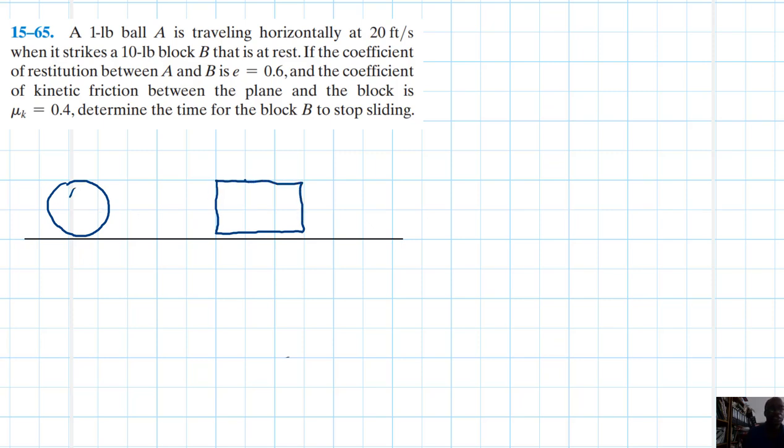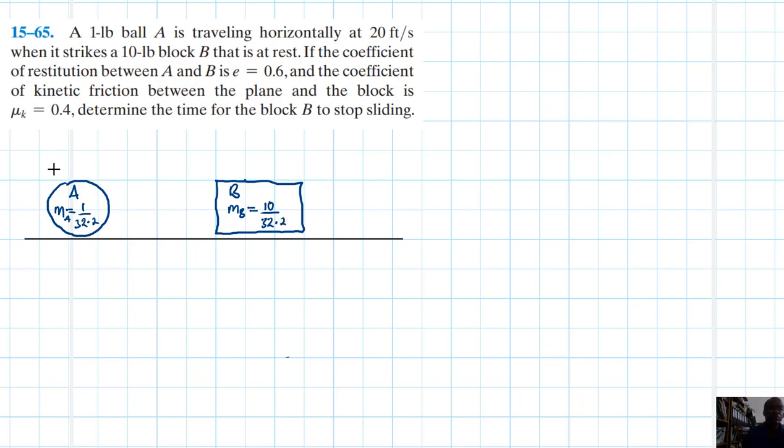This is A and this is B, and our mass of A is just 1 divided by 32.2, where 32.2 is the acceleration due to gravity. Then we have the mass of B, which is equal to 10 divided by 32.2.